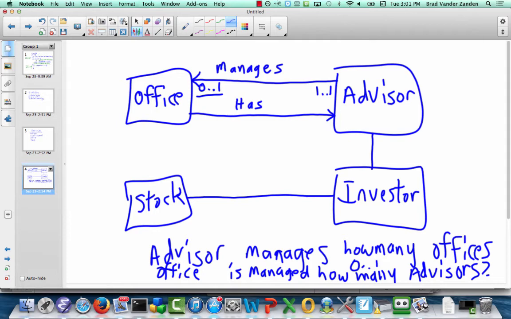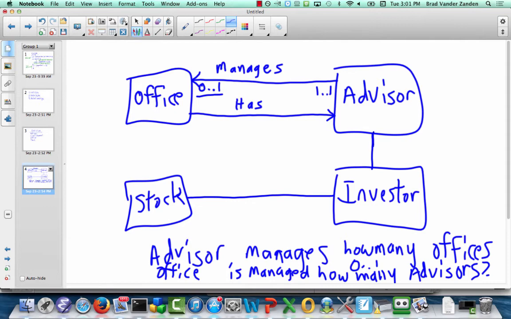So moving on to C, it says an investor has a name, a unique investor number, a single investment advisor, and owns 0 or more stock. Okay, so there's some important information in C that we can harvest. It says an investor has a single investment advisor.